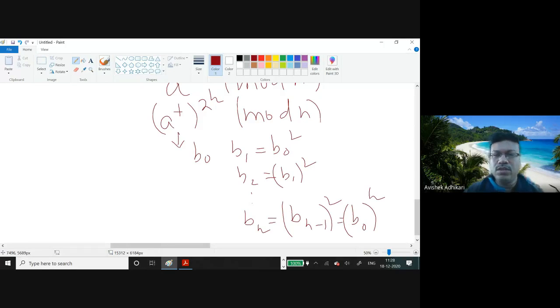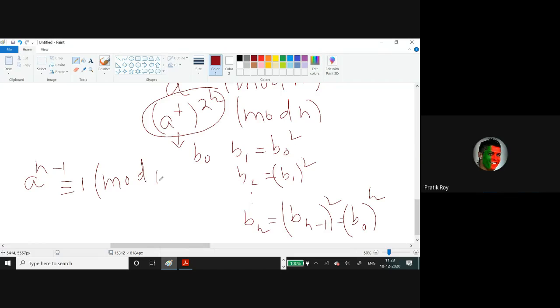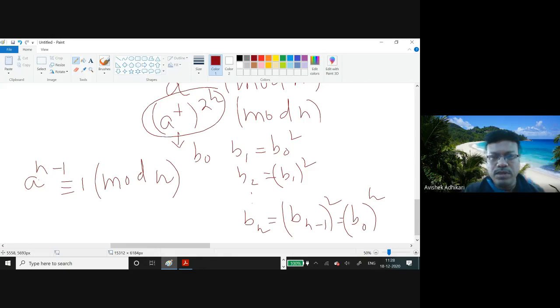Okay, so in h steps you will basically achieve this. By Fermat's little theorem, if p is a prime, then this value is B0 to the power 2 to the power h. Yes, it should be B0 to the power 2 to the power h.